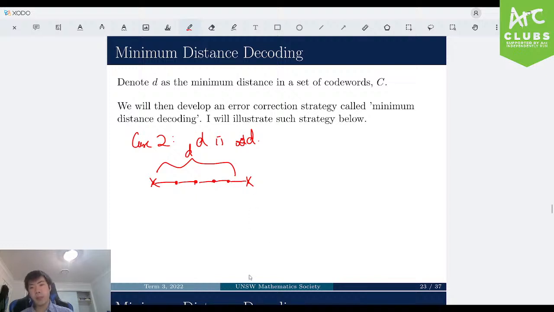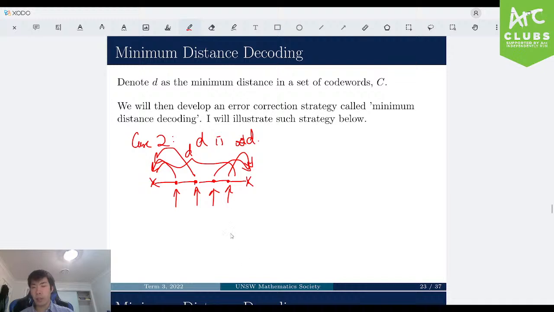Then in this case, we would be happy to correct the corrupted message if it landed here or here, to here. Simultaneously, if it landed on the other side, let's say here or here, we would be happy to correct it to here.